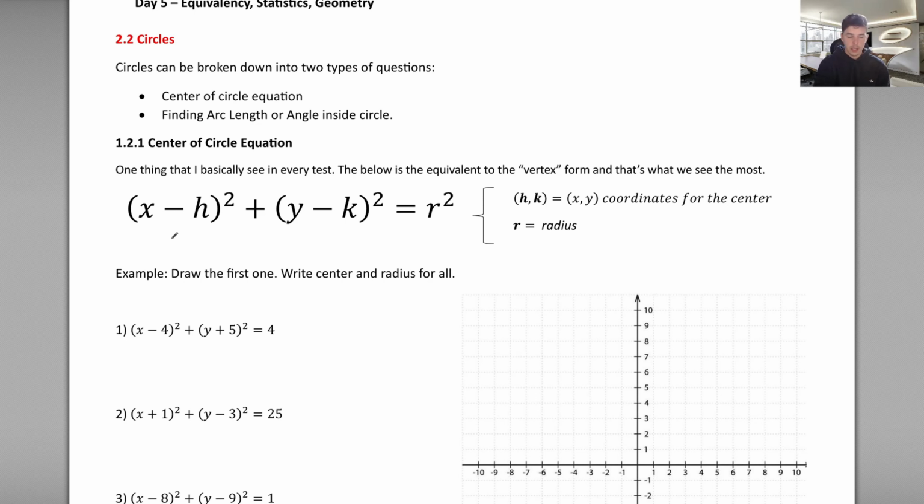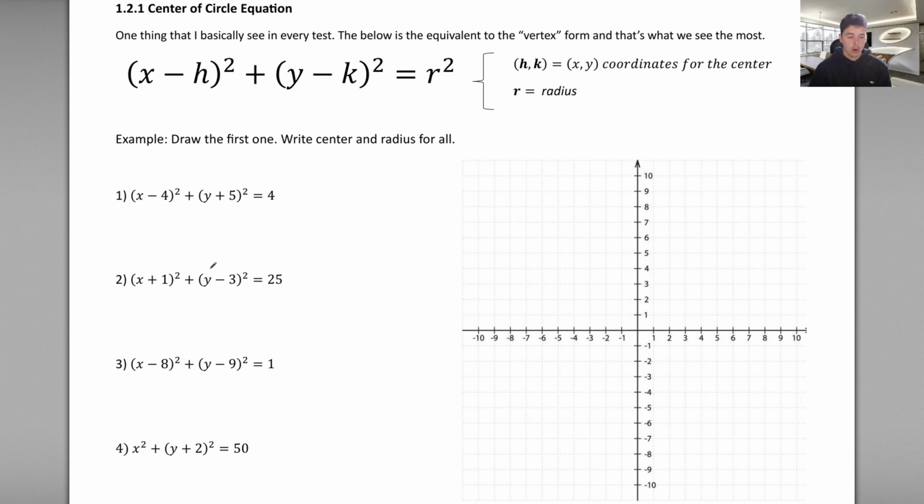And just like the vertex form, we've got negative signs right here, so we see a similarity with the x value of the vertex form. So h, k is the xy coordinates for the center, and r is the radius. Notice how in the formula we've got r squared.